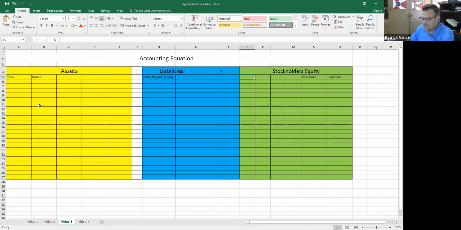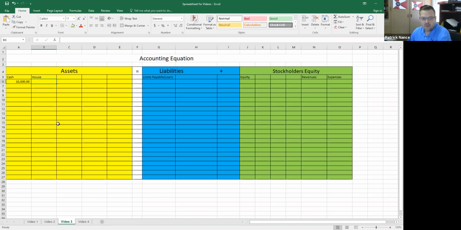Then we'll have the equity here under stockholders' equity, but we won't deal with revenues and expenses on this particular one. So let's say I go buy a house, and let's say I have $10,000 in cash, and I purchase a home, but that home is $100,000.